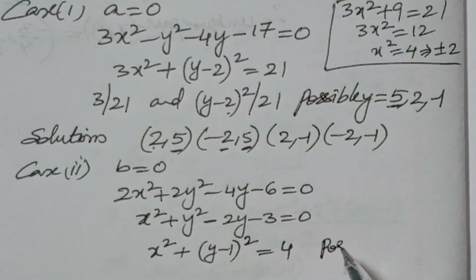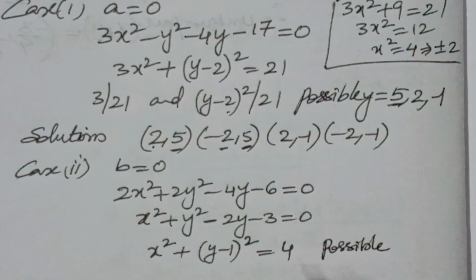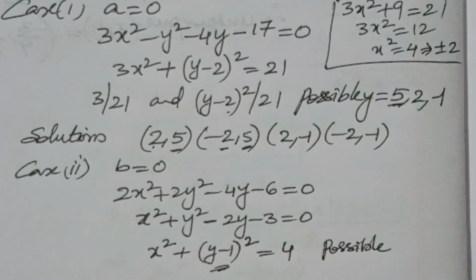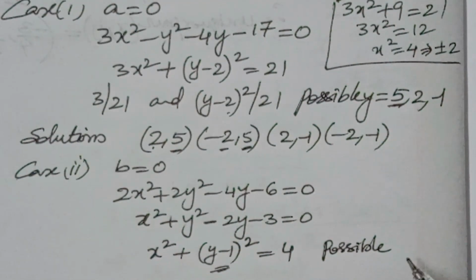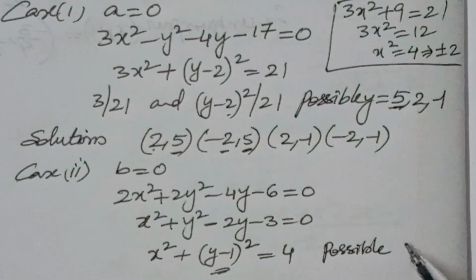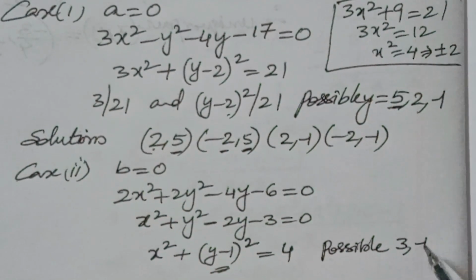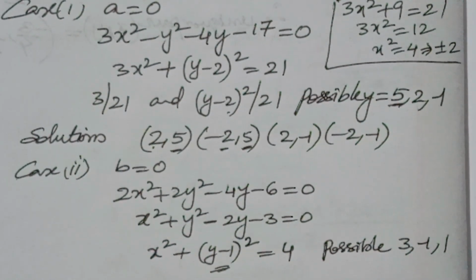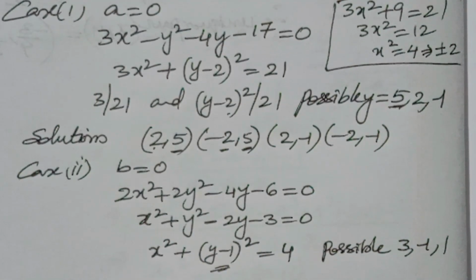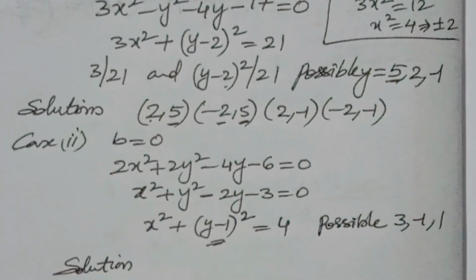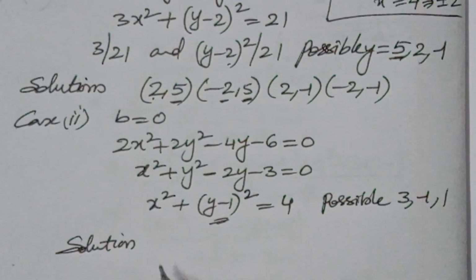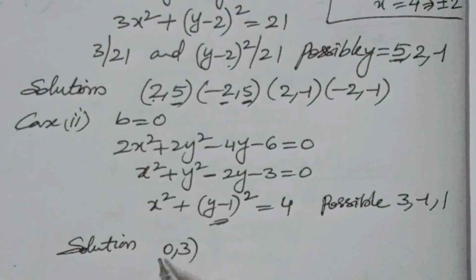Here also the possible values, x square should be a multiple of 4, you have to get 3 minus 1, 1. So the possible solutions what will we get here? Possible solutions 0 comma 3.